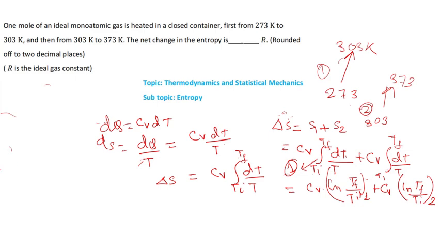So from here we can write that Cv will be constant. So ln Tf by Ti for the first step is ln 303 by 273, plus for the next step it is ln 373 by 303.